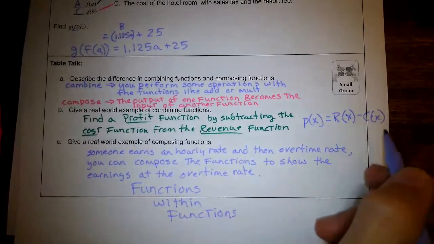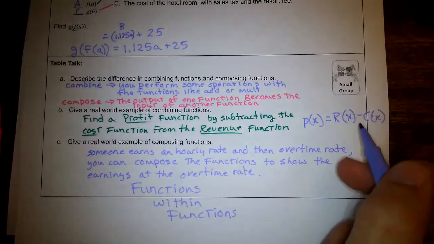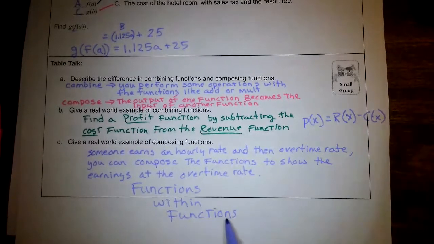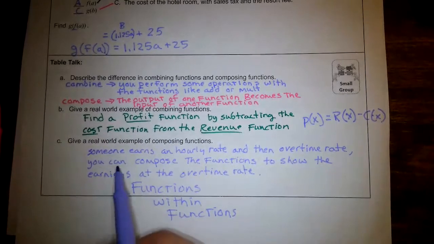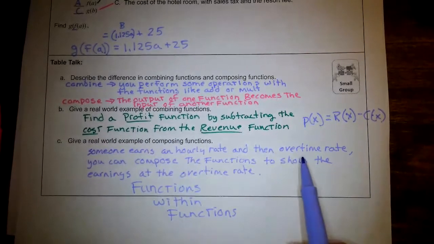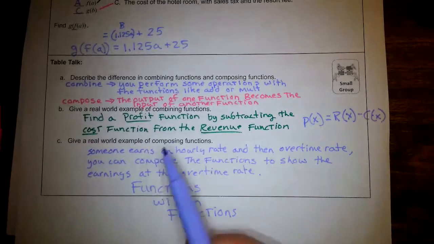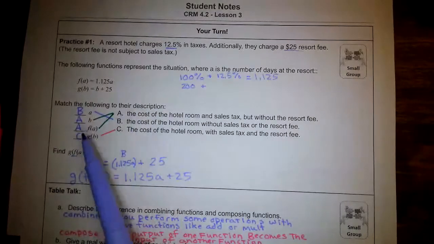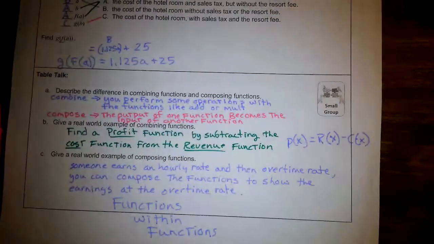So here it's just a matter of, here's a function and we're going to add it to another. But here, this is where you put one within the other. A good example of that would be someone who earns an hourly rate and then overtime. Just like we did in this example, when we're dealing with money that you earn at different rates, that's a good example of that.